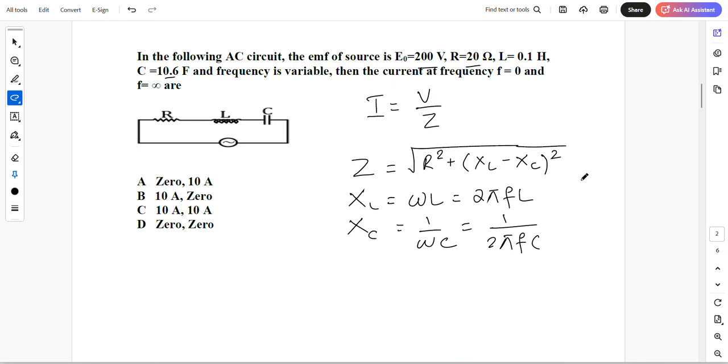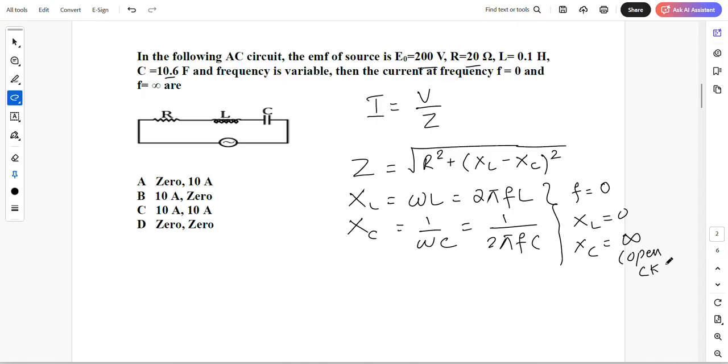Now let us see what happens when F is equal to 0. When F is equal to 0, XL will be 0. What happens to XC? 1 by 0 is infinity. This is an open circuit.